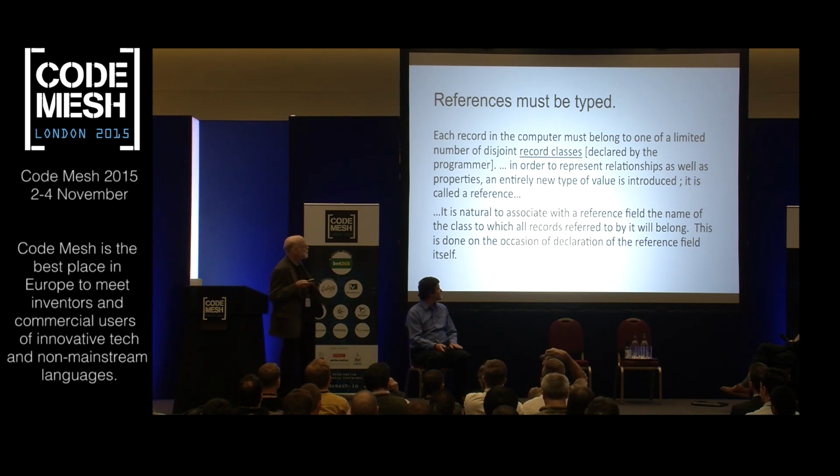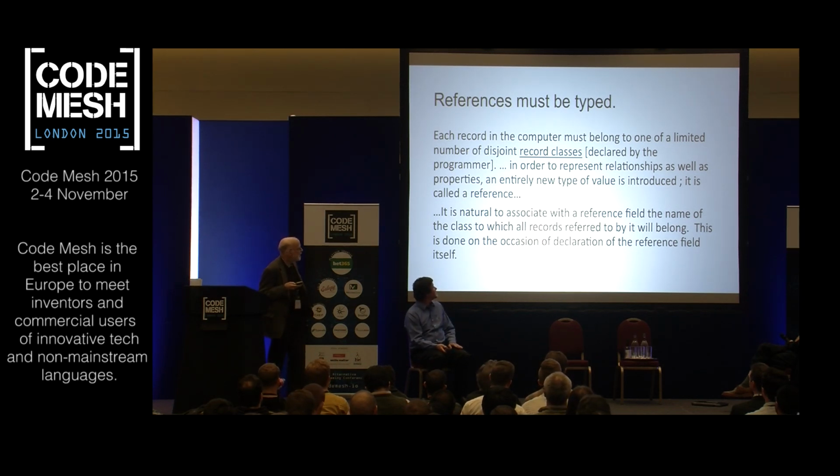Each record in the computer must belong to one of a limited number of disjoint record classes declared by the programmer in order to represent the relationships as well as properties. An entirely new type of value is introduced. It is called a reference, not a pointer, you may recall.